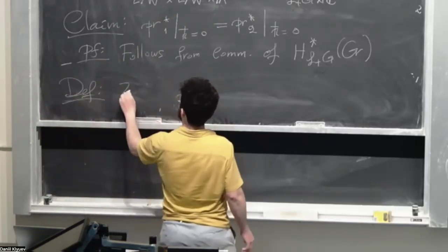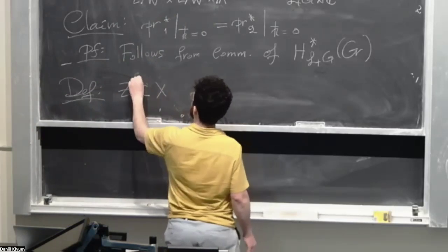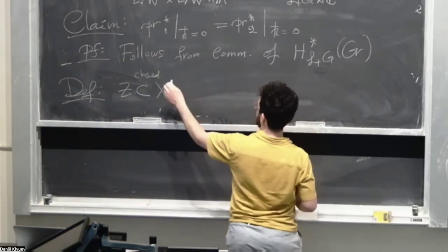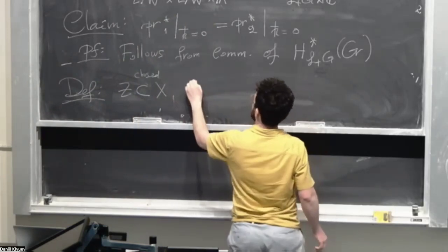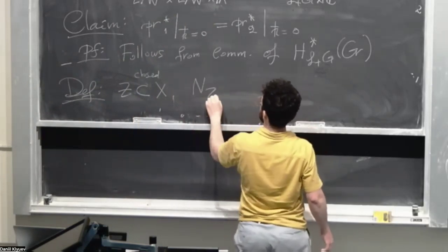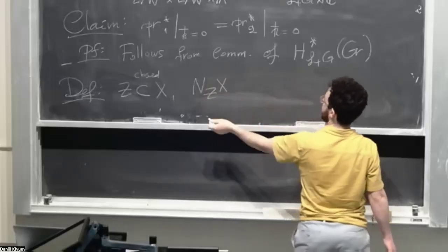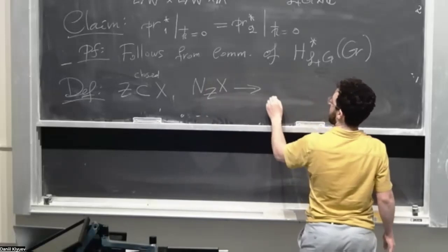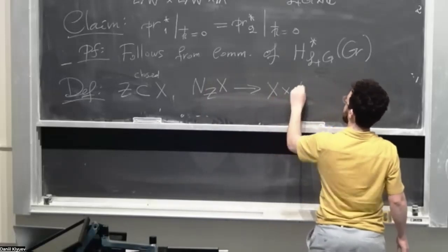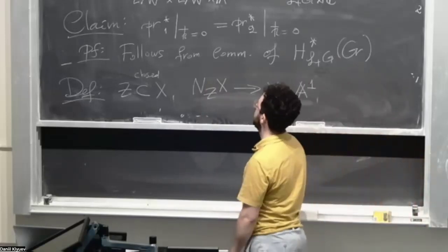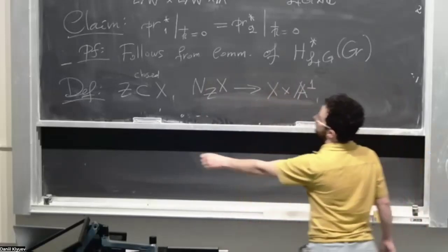If we have a closed subvariety Z in X, there is a space which is denoted either by that or by switching the z and the x. I saw multiple references using different notations, mapping to X times A1. Should I write it as a definition or a claim? I don't know.